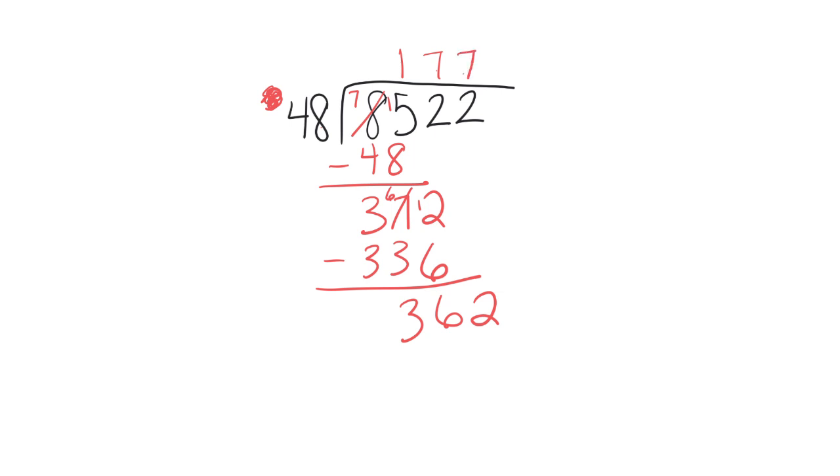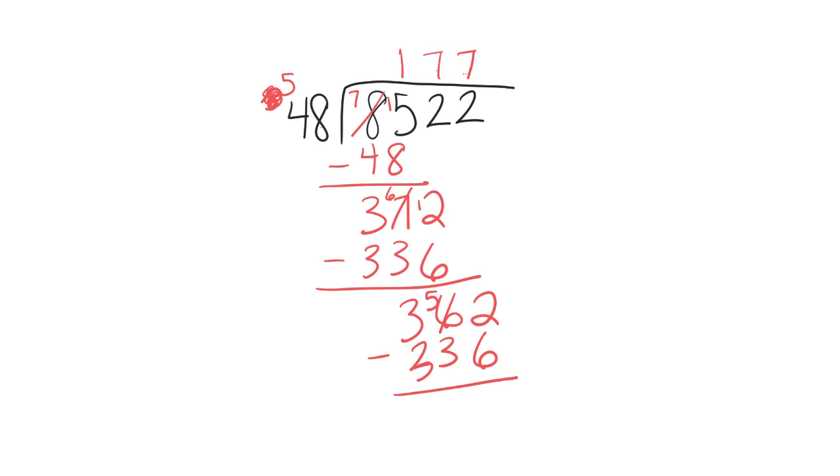And I really already know what 7 times 48 is because I did it earlier, but I'll go through the process. 7 times 8 is 56. Put that 5 back up there. 7 times 4 is 28, plus 5 more is 33. And now I'm ready to subtract. I'm going to borrow from my 6.